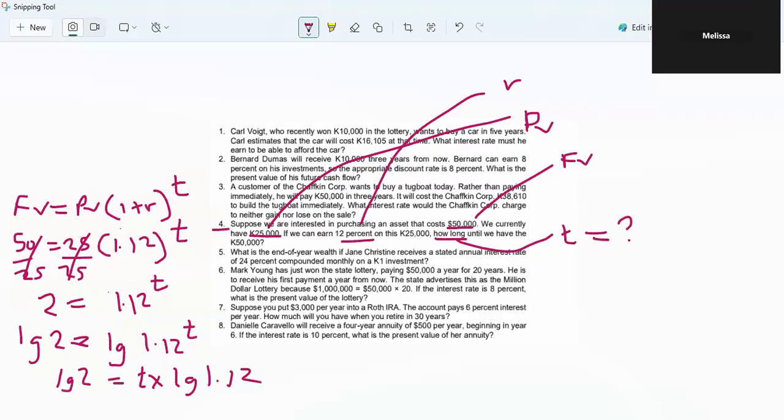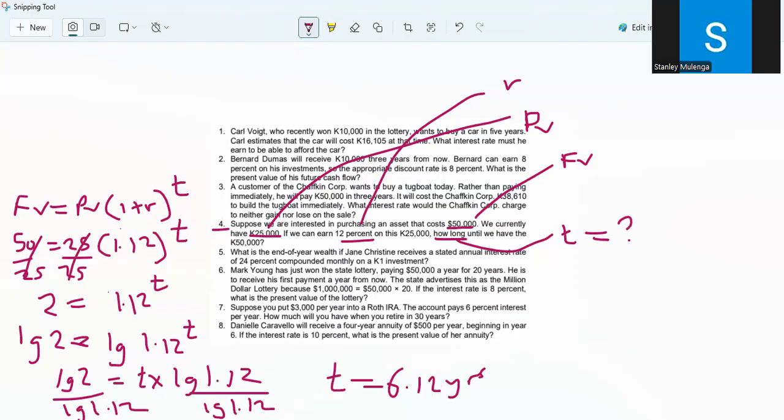You divide both sides by log 1.12. And what do we get? Log 2 divided by log 1.12, which is 6.12. So it takes 6.12 years to double that amount.